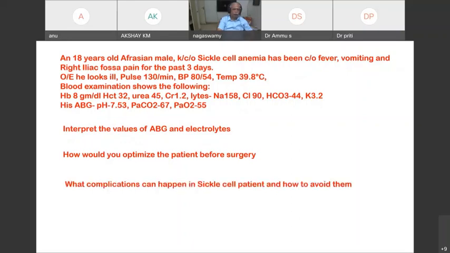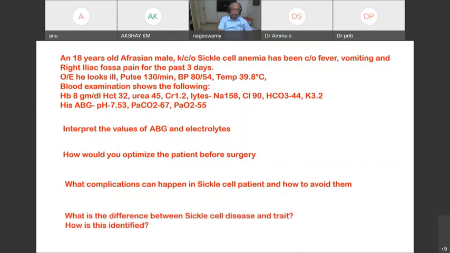So what complications can sickle cell produce? Sickling and thrombosis. Okay, so what is the difference between sickle cell disease and trait, and how is this identified? If both parents give their gene to produce the disease, it is sickle cell disease, which is homozygous.